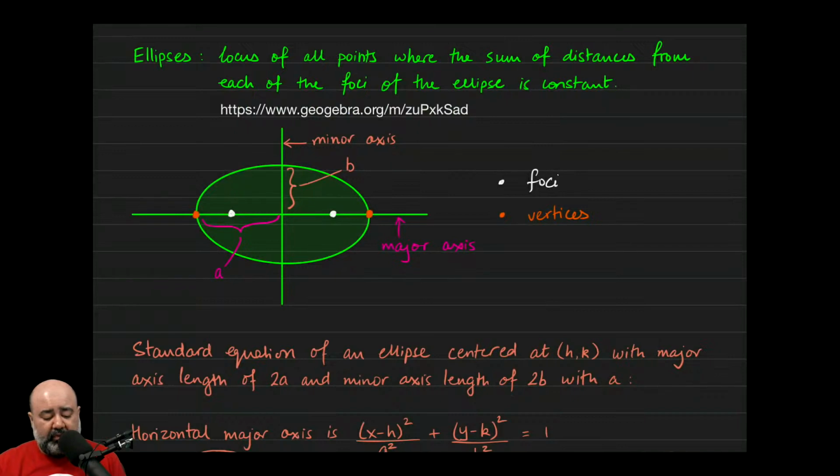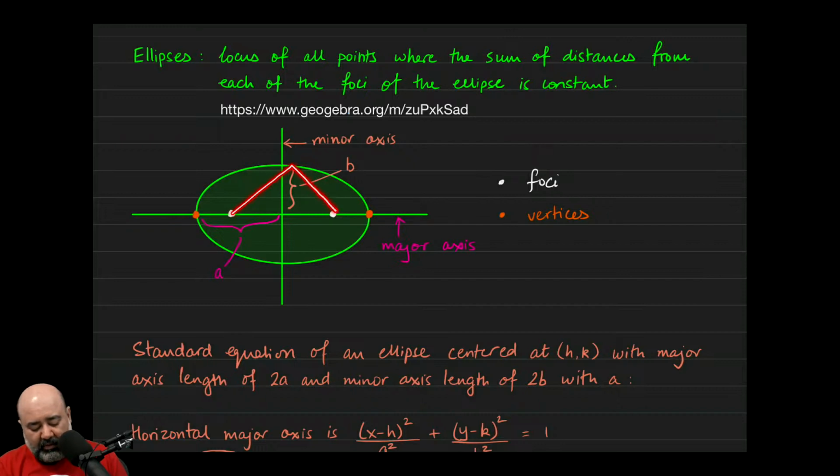Next, we move to ellipses. Ellipses are a locus of all the points, or a collection of all the points, where if you were to add the distance from a focal point to a point on the curve to the distance between the other focal point, that sum will always be the same. So if I could draw a couple of things, let's say from this focal point, we go to this point and we go there.